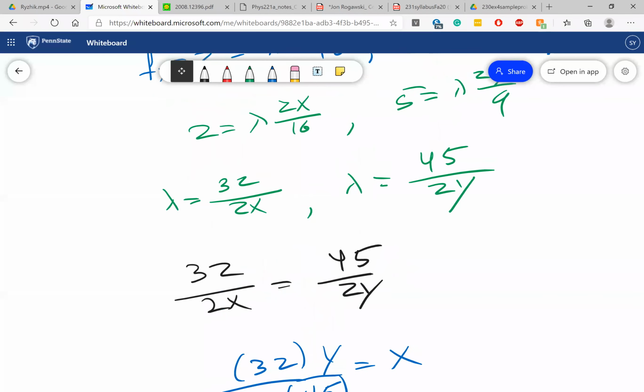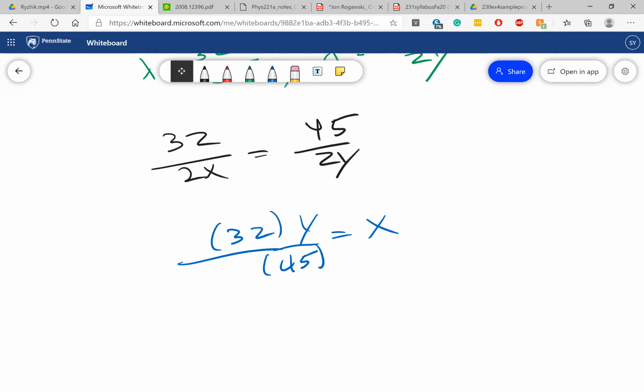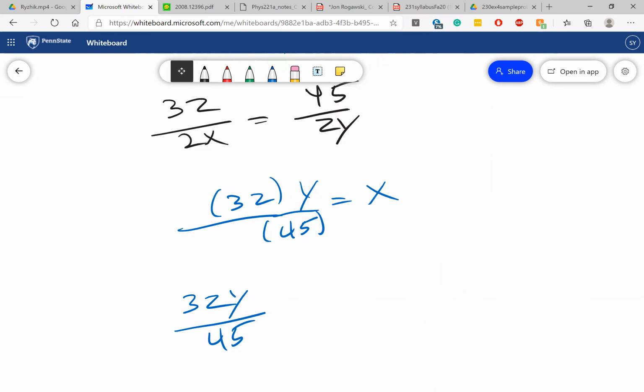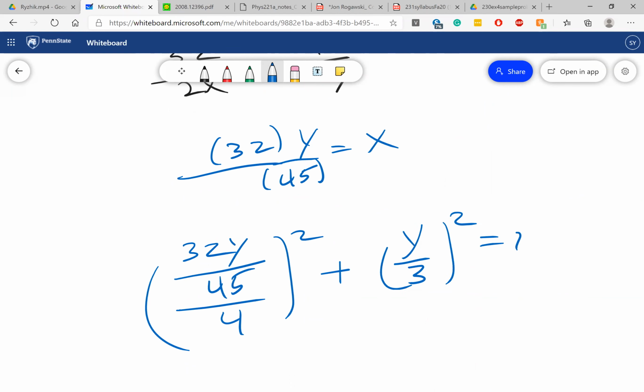So now we can plug this back into the original equation g. So this equation right here, putting it in for x. So that's x over 4. So we're going to have 32y over 45, over 4, squared, plus y over 3 squared is equal to 1.